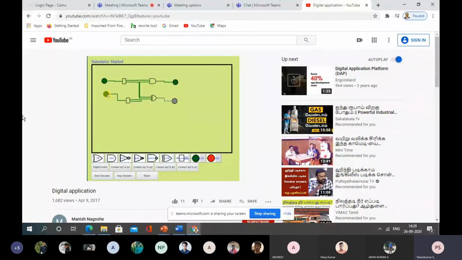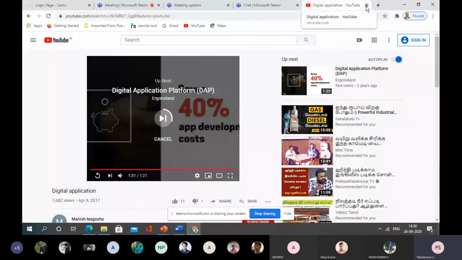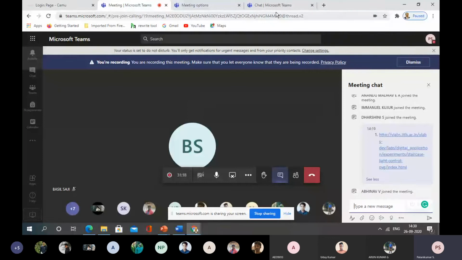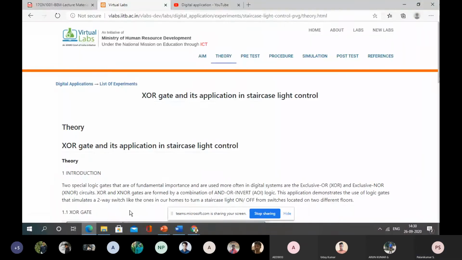See, if they press one, the lamp is on. Here when they come, it is off. So likewise, if the position keeps on changing. That is what we are going to see now in the simulation. The same thing.